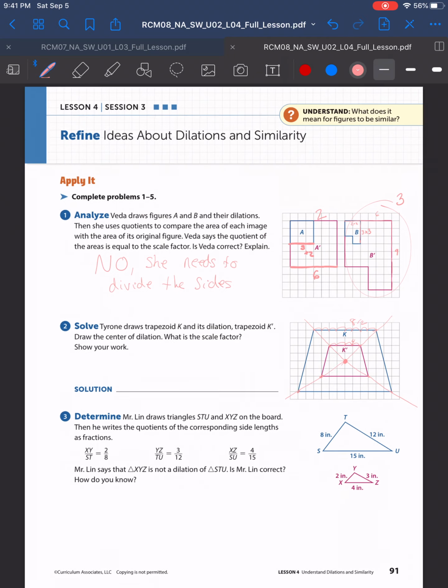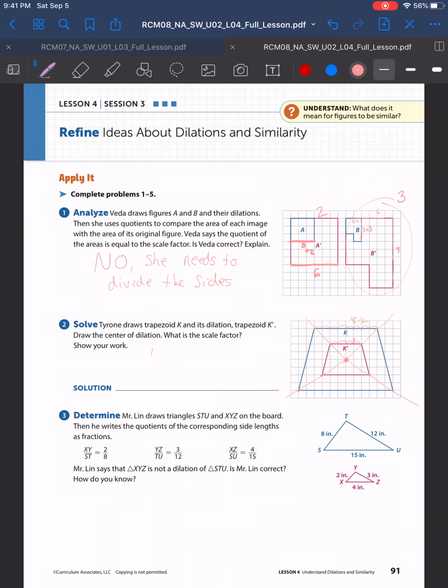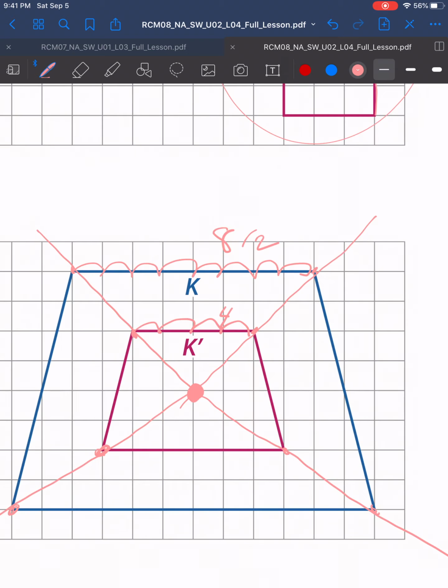So I could say that the scale factor is 2, which means that if I take this, I'd have to multiply it by 2 to get this. And if I multiply this by 2, I'd also get this. Okay? So I could say the scale factor is 2, but I also know that it shrunk.